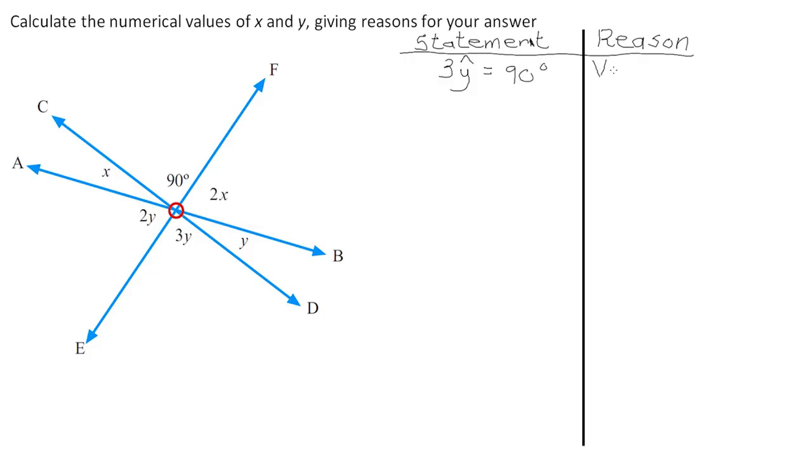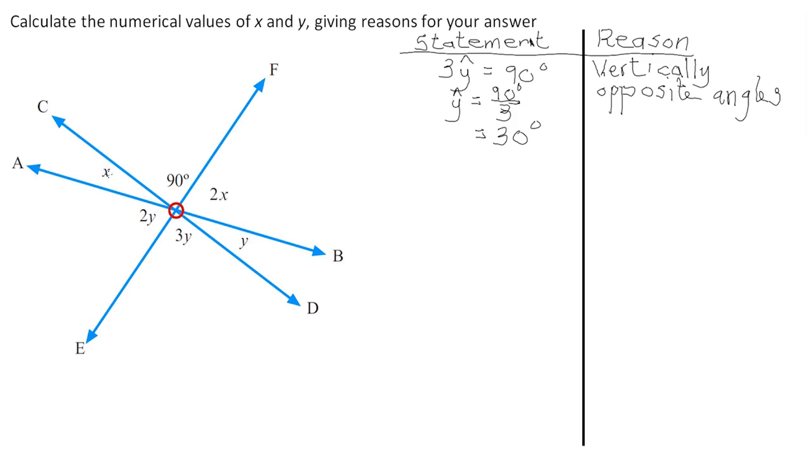It is vertically opposite angles, which means y will be equal to 90 divided by 3, and that is equal to 30 degrees.